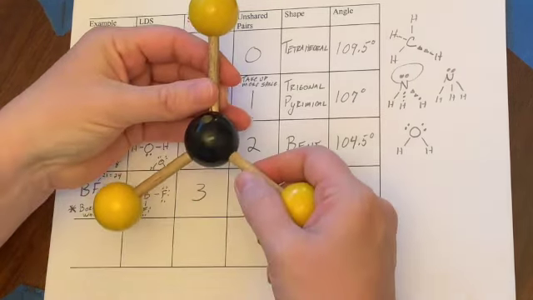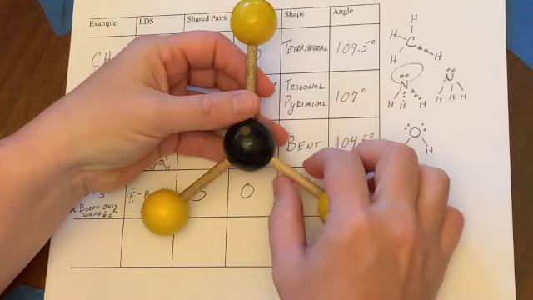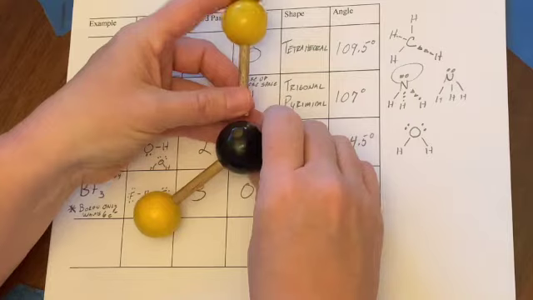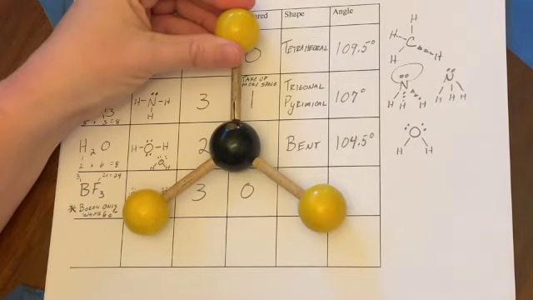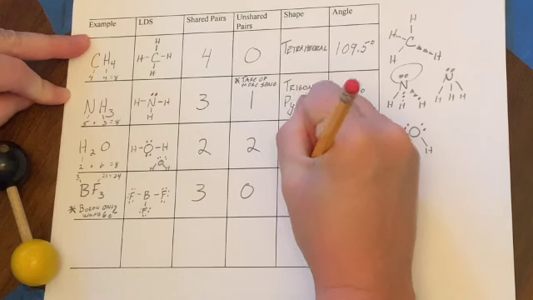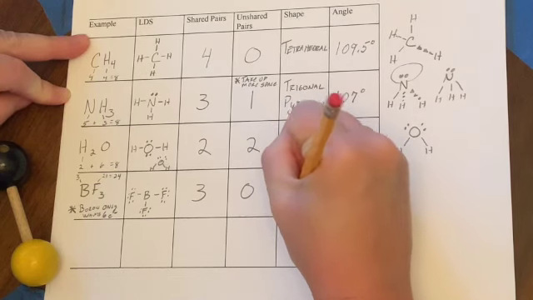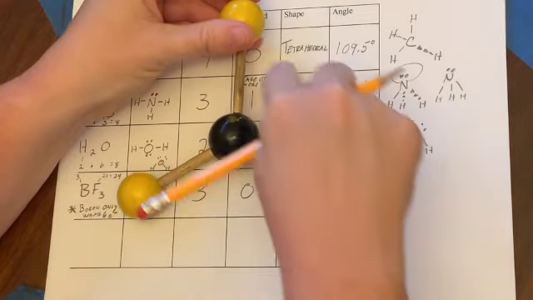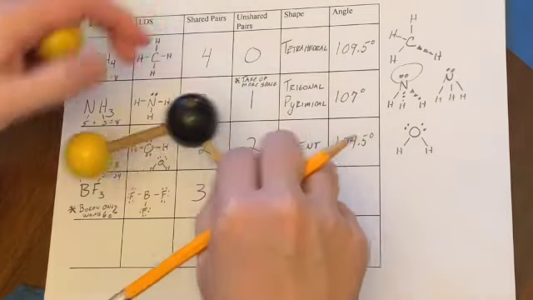That actually gives us this shape. All right, and this is a flat planar shape, okay, and we call this trigonal planar. And this is certainly an angle that we could figure out, right? You take a circle and you divide it in 3.